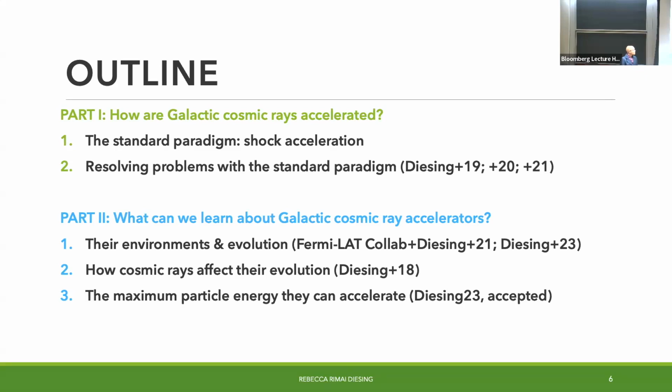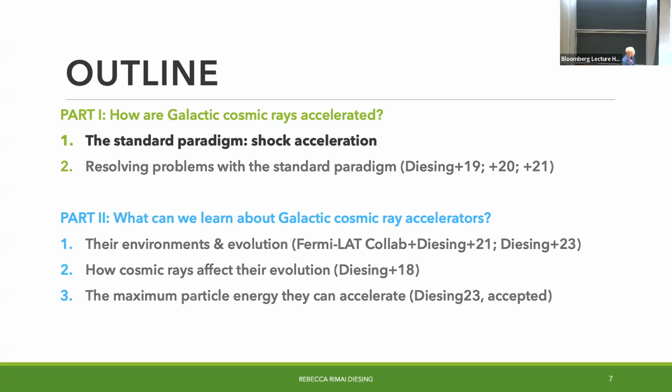Finally, I'll talk about a question that is pretty hot in the field, which is what is the maximum energy you can get out of an astrophysical shock, in particular because there's a lot of tension that seems to say that supernova remnants can't quite reach the tip of the galactic cosmic rays. But feel free to interrupt throughout this. If I don't get through all of the latter ones, I'm happy to save some of this for astrophysics.